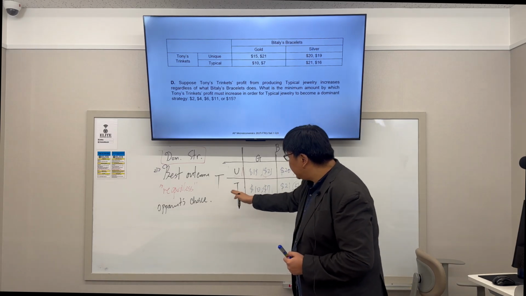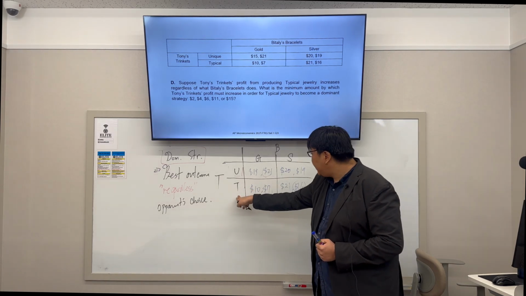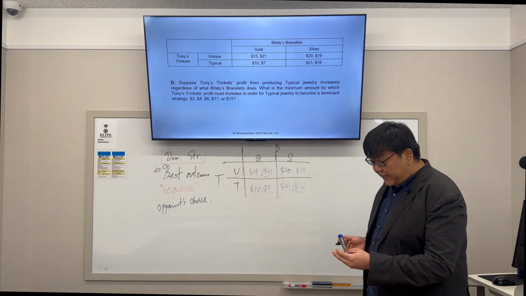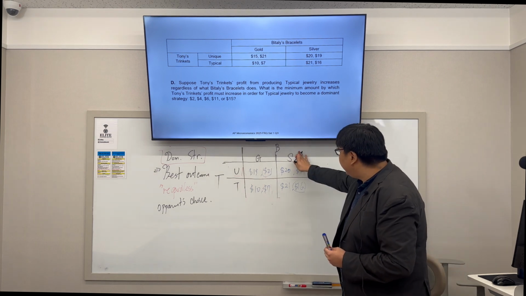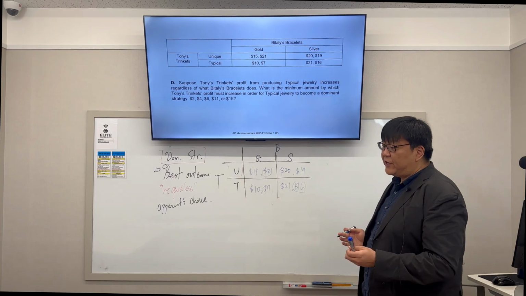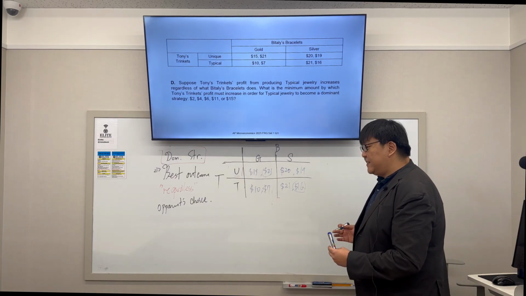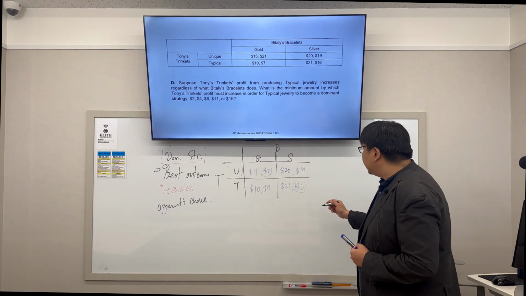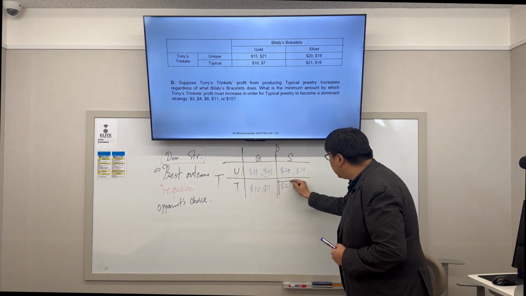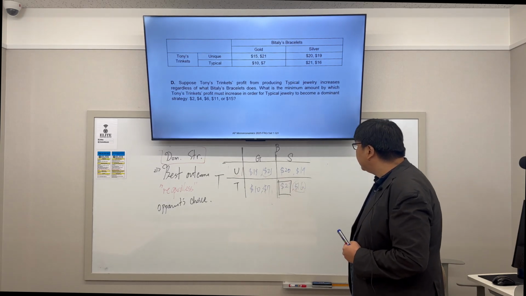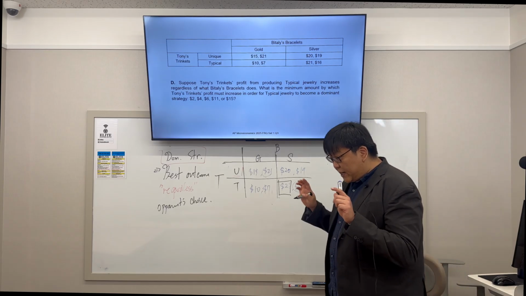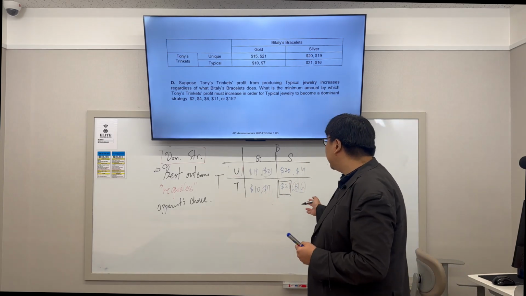Tony's choice of choosing T is already a best strategy given S. We have shown this when we were finding the Nash equilibrium. So this is already the best response for Tony. There is no incentive to deviate in this case.